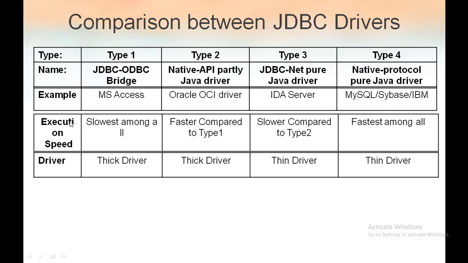Execution speed: type 1 driver is slowest among all and type 4 driver is fastest among all. Type 2 driver is faster compared to type 1, and type 3 driver is slower compared to type 4. Here type 1 and 2 are examples of thick drivers and type 3 and 4 are examples of thin drivers.